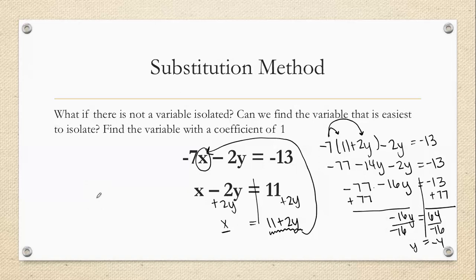Which equation do y'all want to use? It doesn't matter. For me, I would use this equation. And since you already manipulated this equation to make it x equals 11 plus 2y, you can use the equation you manipulated. So you can just say x equals 11 plus 2 times negative 4.